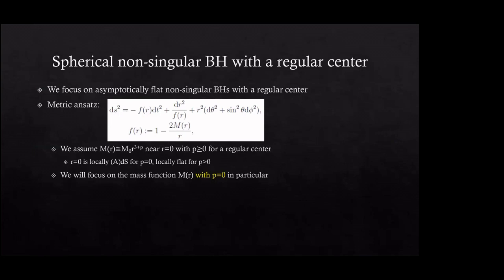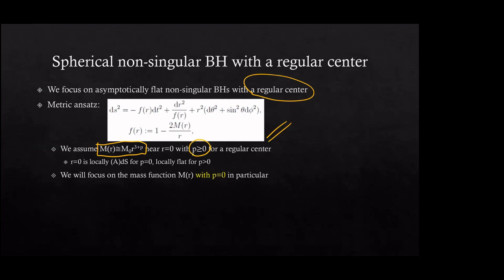So in particular, we focus on asymptotically flat non-singular black holes with a regular center. So this is a big assumption. And we consider this metric, similar to the Bardeen black hole. And we assume the power-law behavior of the mass function like this. And the regular center is allowed if this inequality is satisfied.